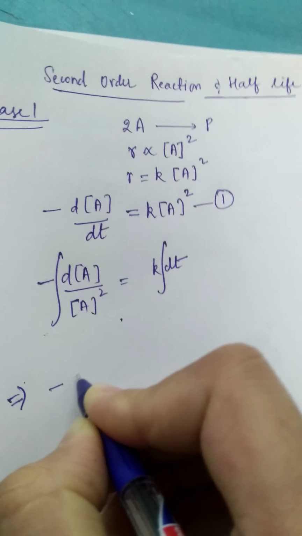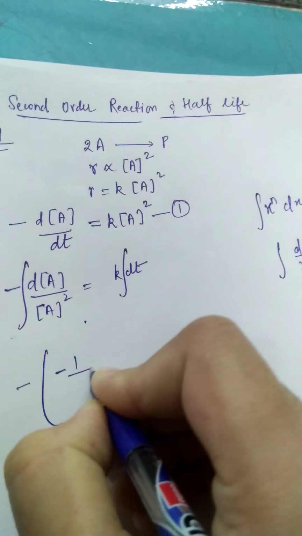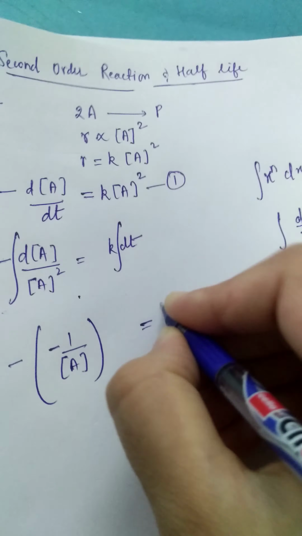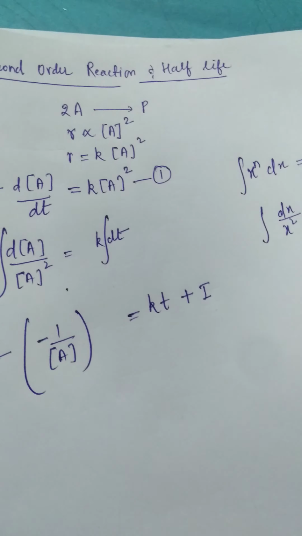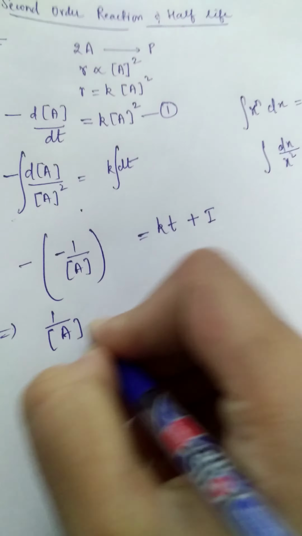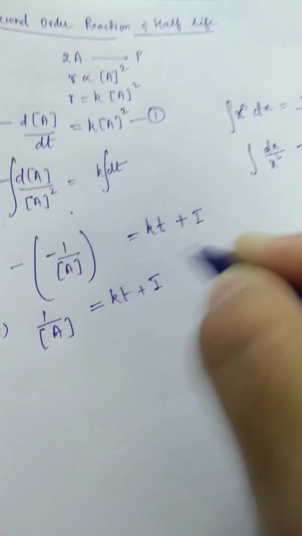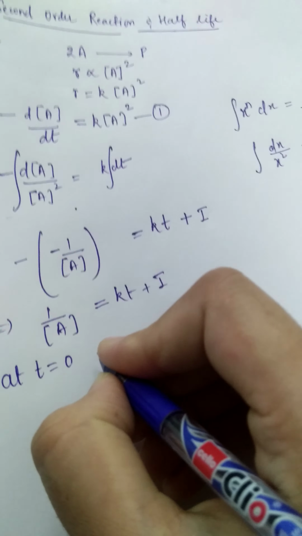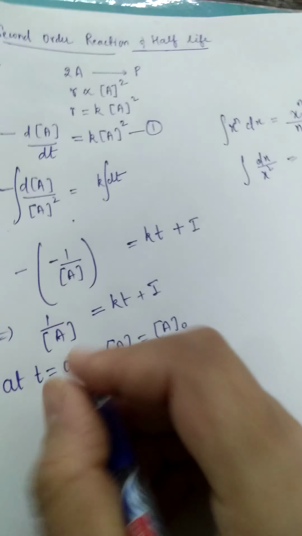We have one minus sign outside, and by integration we are getting minus 1 upon concentration of A, and this becomes equal to Kt plus your integration constant I. Alright, this minus will become plus, so you will be getting 1 upon A equal to Kt plus I. Now at initial time, that is t equal to 0, your concentration is A naught.